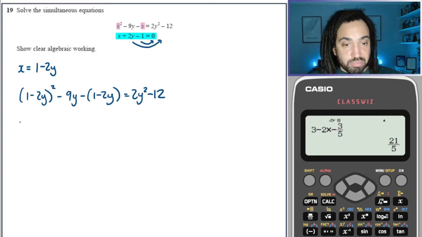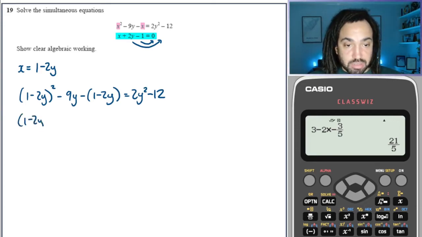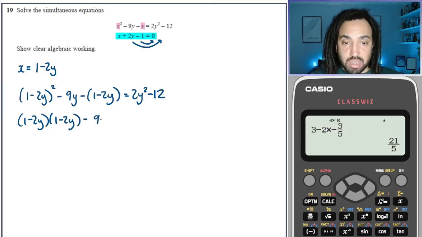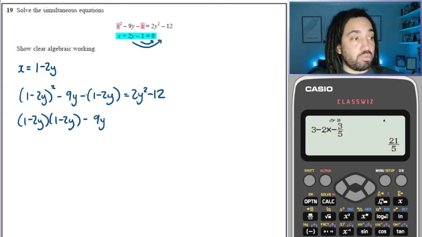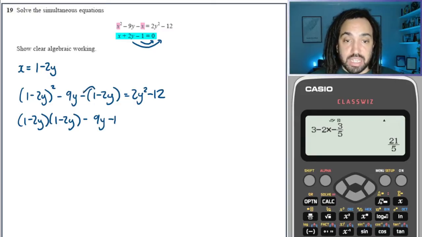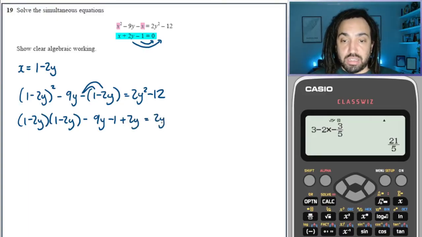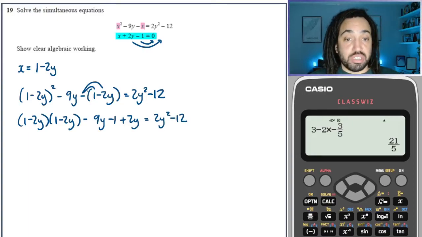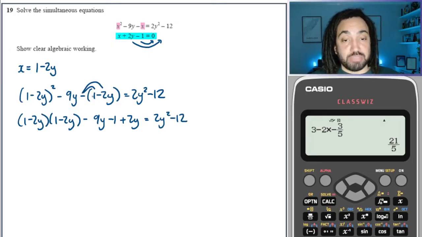Okay, let's expand this bracket out. I'll write it as a double bracket. Here, that's minus times 1 is minus 1, and minus times minus 2 is plus 2y. Okay, so because of the double negative there, I've got minus and a minus, that's going to make a plus, and then it's just 2y.